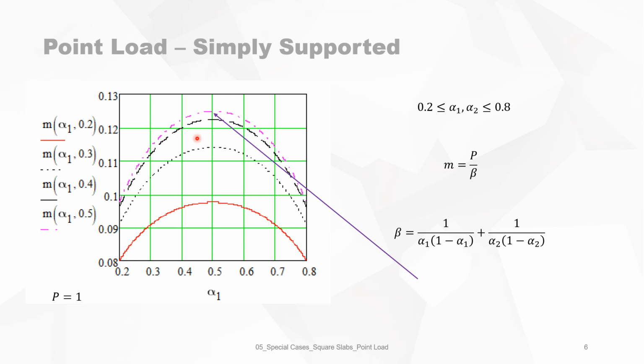We see immediately that the maximum is given for alpha 2 equals 0.5 and alpha 1 equals 0.5, and it gives you P over 8. So the point load divided by 8 is the maximum bending moment when the load is situated in the center of the slab, which is obvious.